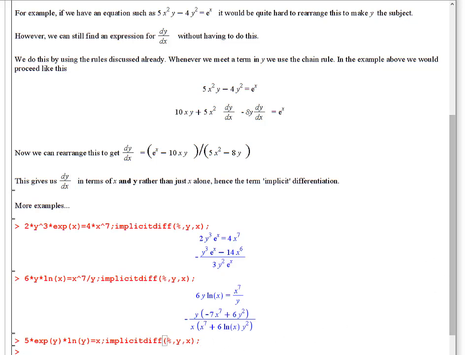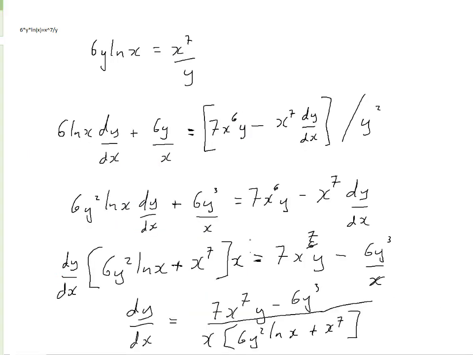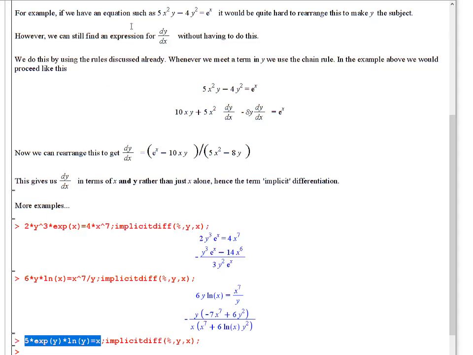And then finally onto the last example in this section, which is this one. So it's got exponentials and logs.